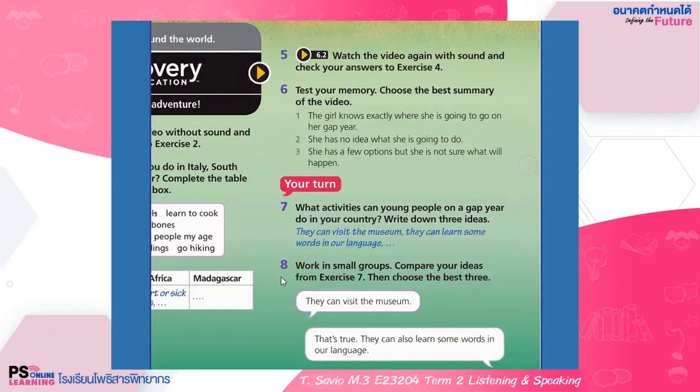Work in small groups. Compare your ideas from exercise 7. Then choose the best 3. They can visit the museum. That's true. They can also learn some words in our language. So, your turn. We will practice when we come back to the classroom. So now you can work on your ideas.